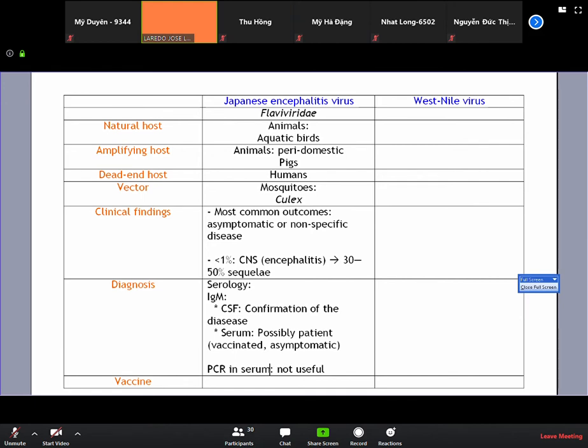No. The virus can survive with high temperature. Why is the PCR in serum not useful? We can do it, but the sensitivity is very low. Why not?